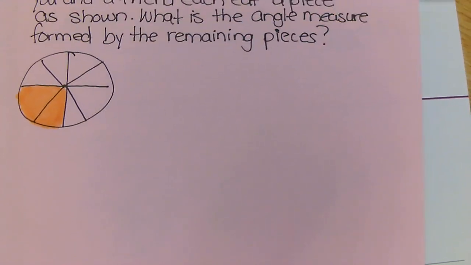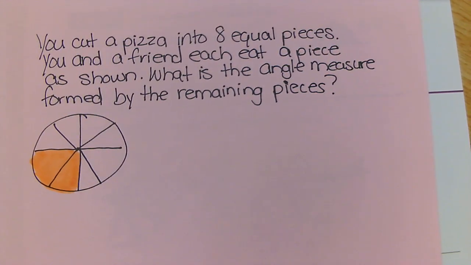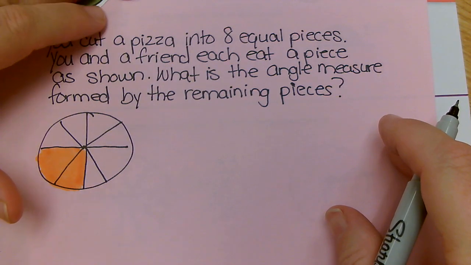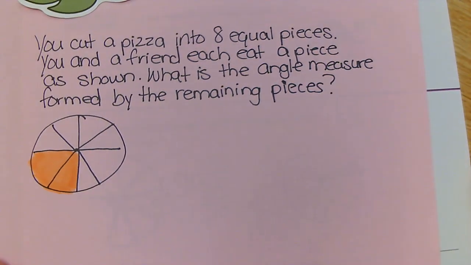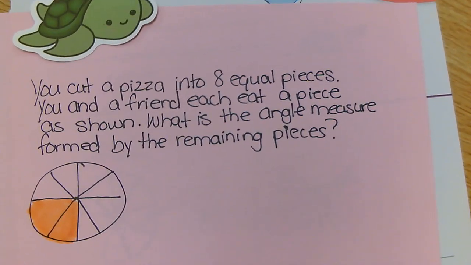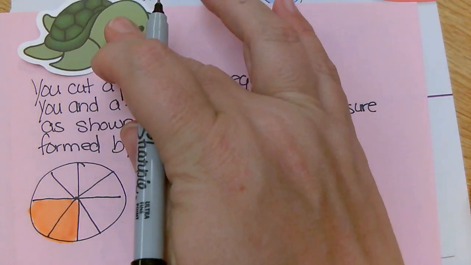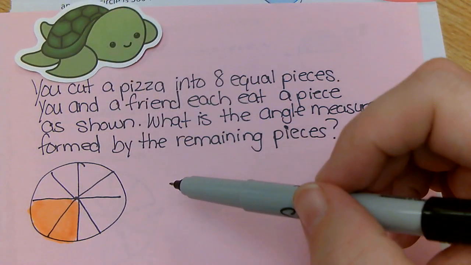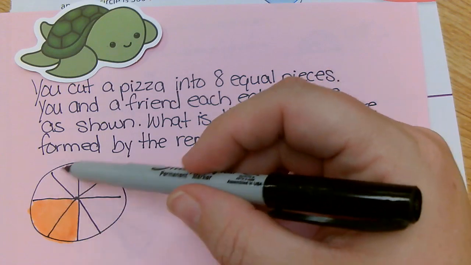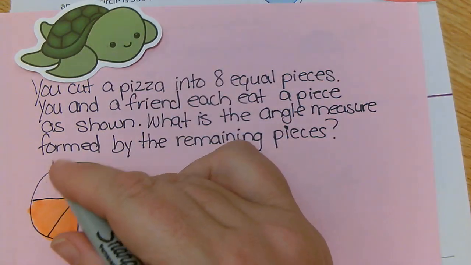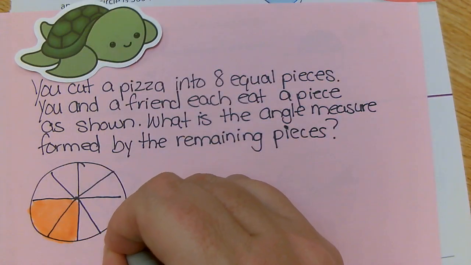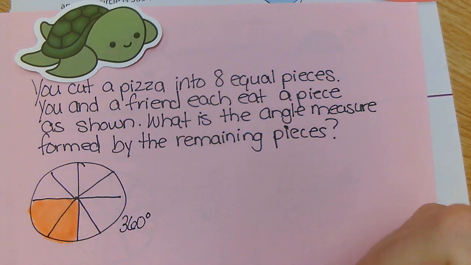If I cut a pizza into 8 equal pieces and you and a friend each eat a piece, okay? As shown, what is the angle measurement formed by the remaining pieces? So what are these pieces that are left? Well, I know that a whole pizza would be 360 degrees, right?